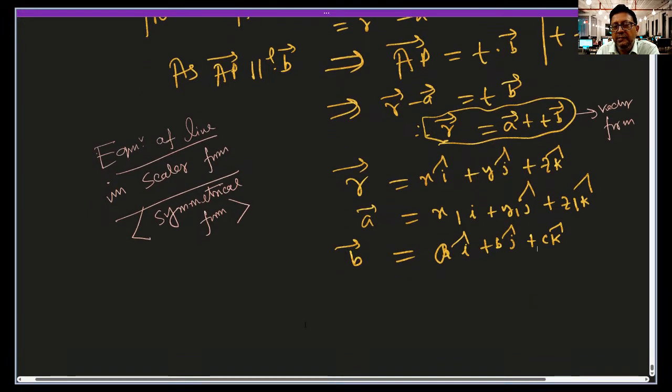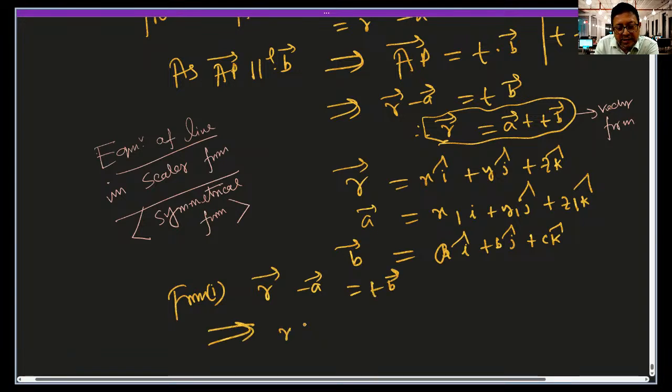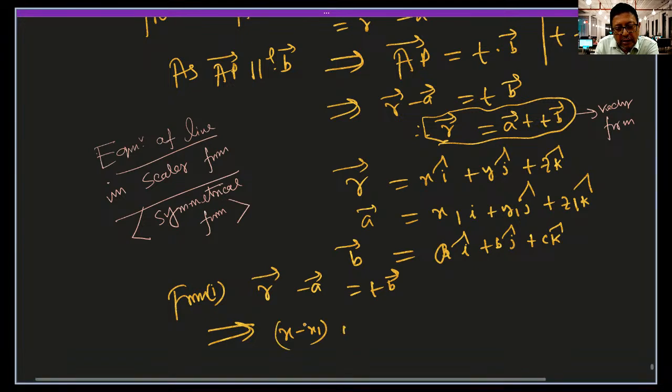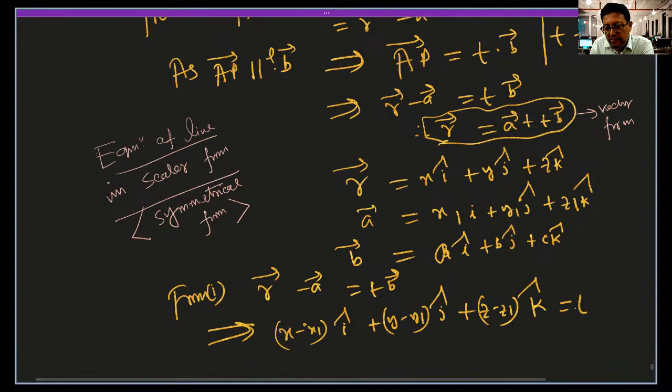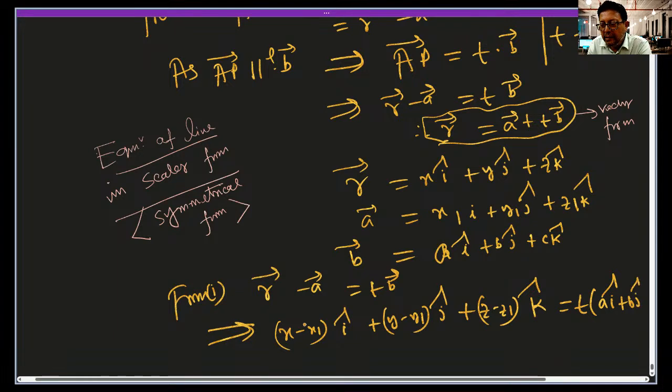They are not the same. Then from 1, r minus a equal to t b. You find r minus a, t into a i, b j, c k.